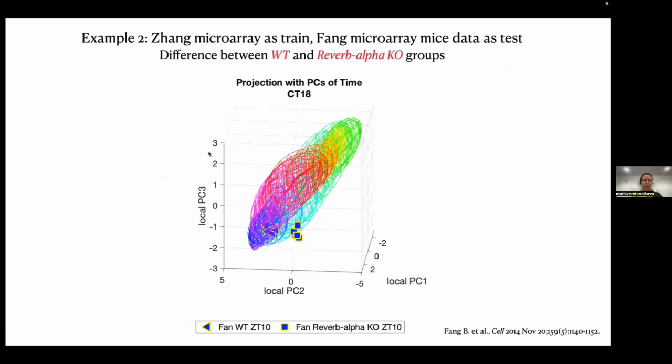If we look at that data set and put the test data set points onto the model, this is the microarray data, the Zhang microarray data that's used as training. We see that there is a difference between the two groups. The reverb alpha knockout mice fall more outside of the model, whilst the wild type mice are just bang on the model.